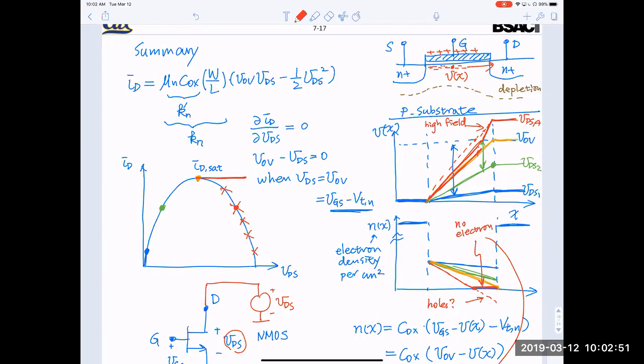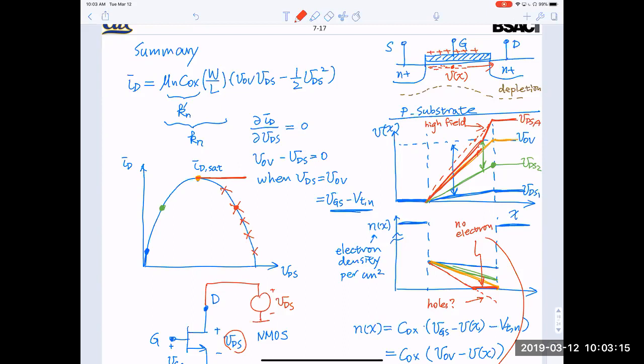Why does it fail? Well, remember in our derivation, we assume there are electrons everywhere in the channel. And naturally, when there are areas where channels are pinched off, our earlier model is not strictly valid. It's only valid up to the point there are electrons in the channel, okay?